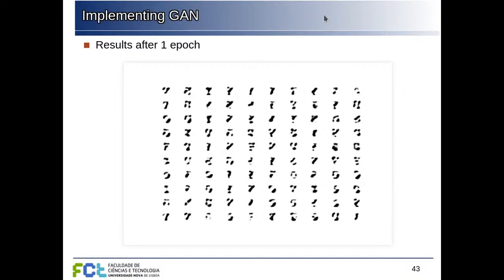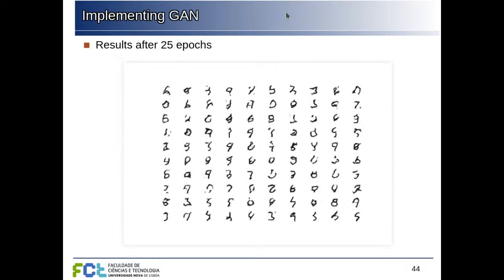Okay, so this is what happens after the first epoch. This is an example of the kind of images that the generator can output after one epoch. It seems a bit like numbers, but it's very far from being actual numbers. After 25 epochs, both the discriminator and the generator have improved, and now the generator is already outputting things that look like digits, although a lot of them still don't look like it.